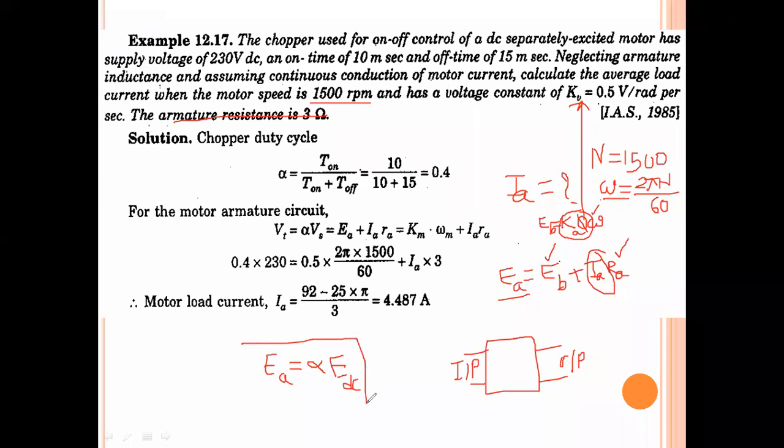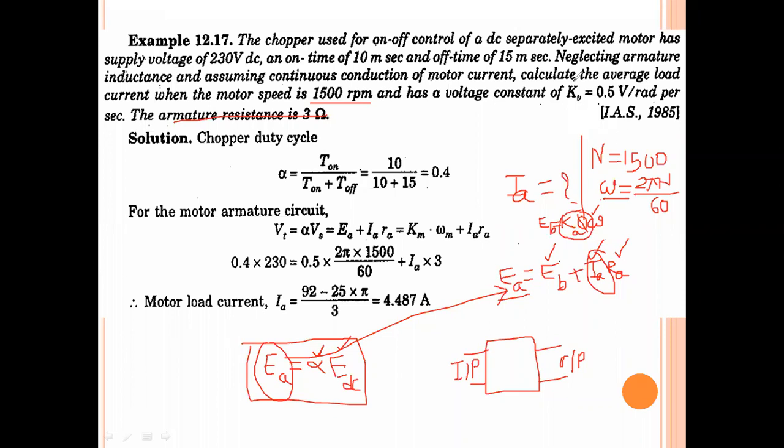This is the average voltage expression that we have already seen in our single quadrant chopper operation. So how do we know alpha? They have given the on time period and off time period, so we need to calculate alpha from those, and the EDC value of 230 volts is already given. So substitute and get the EA value, and substitute this EA value here. Now all the parameters are known, so we can calculate IA. This is the scheme to calculate the required average load current.